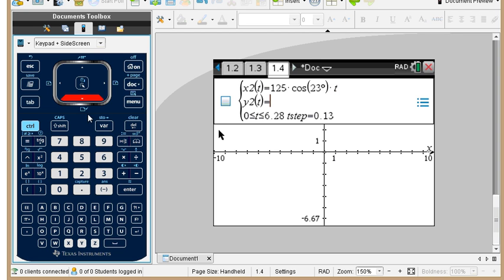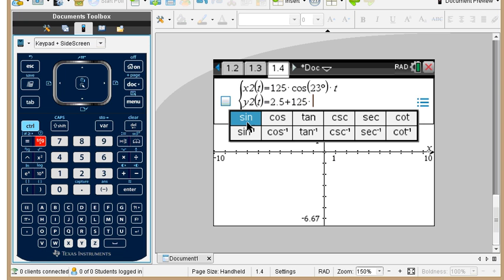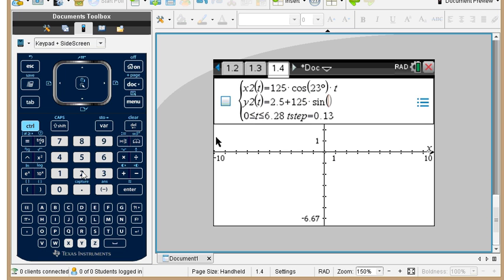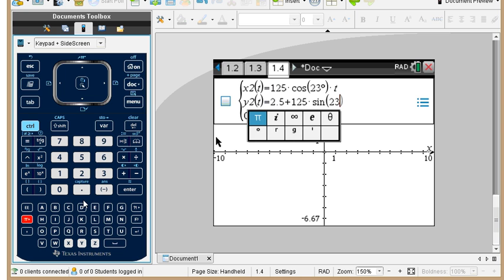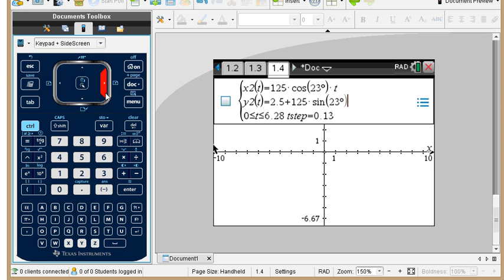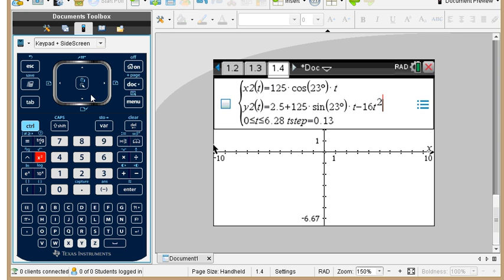For the y equation we're going to put 2.5, which is the elevation off the ground where the baseball hitting starts, plus 125 times sine of 23 degrees, with the degree symbol again, times t, and we subtract 16t squared. Minus 16t squared has to do with position change due to the effect of gravity in feet per second squared.